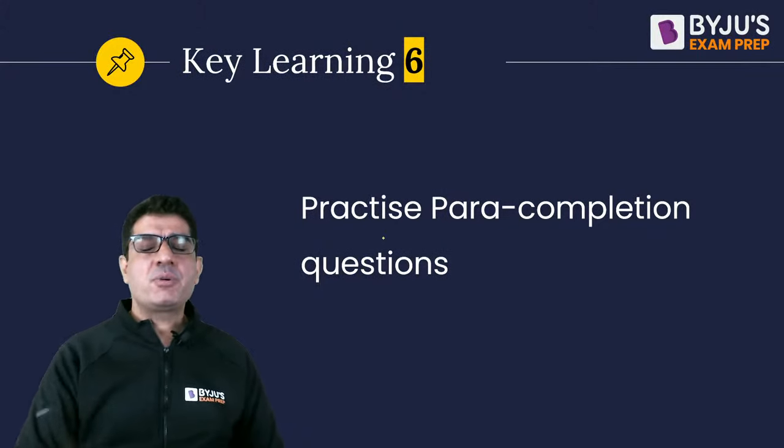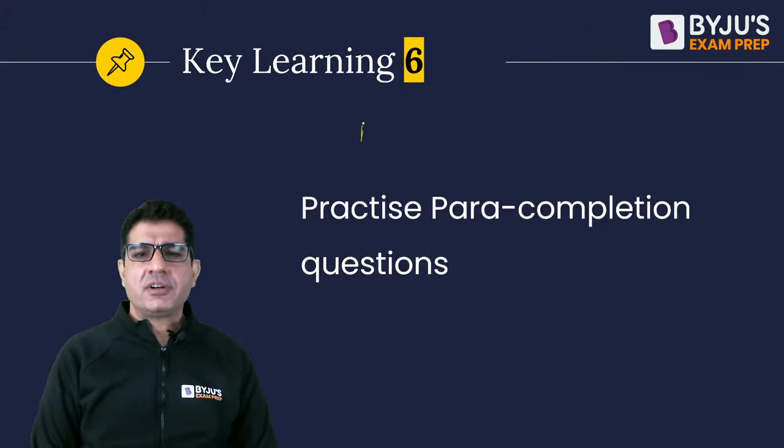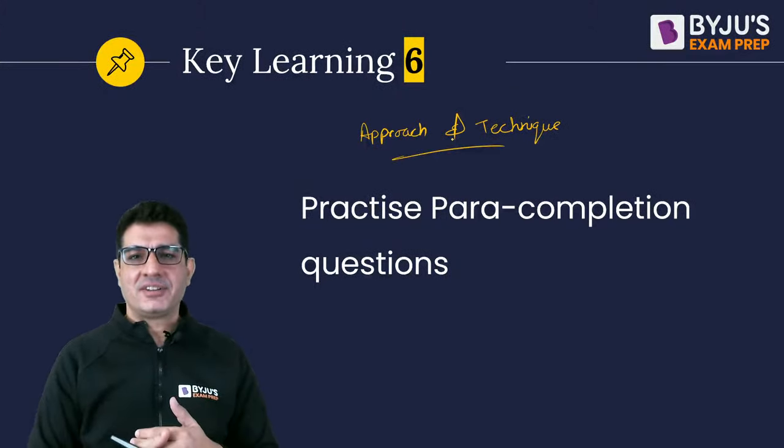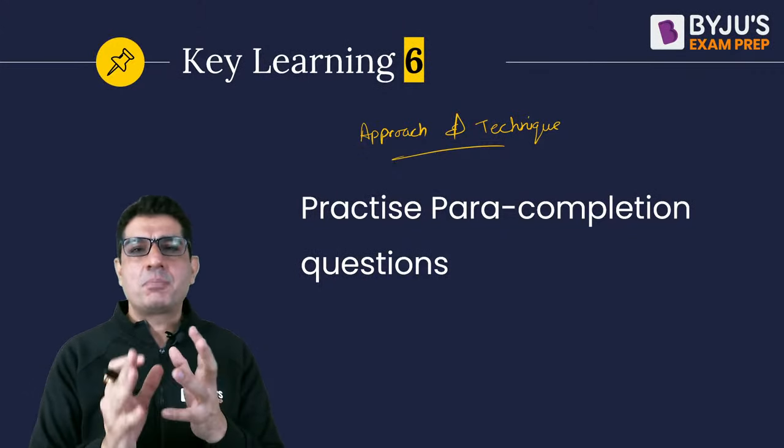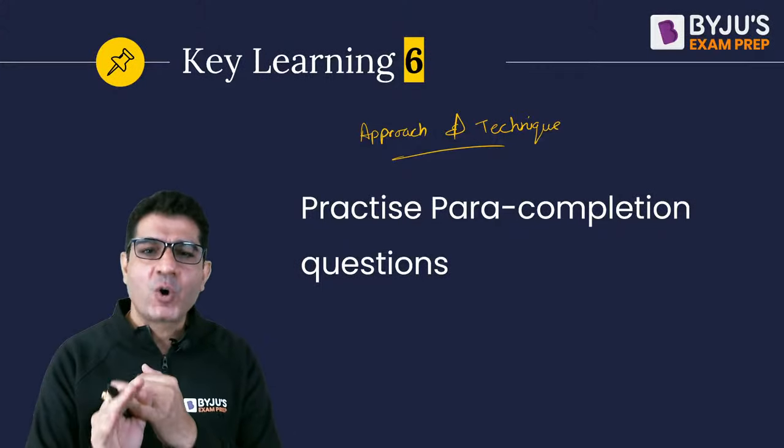But whenever you get a new question type, the approach, the technique, that changes. You need to adapt to it. So practice this particular question variety so that your approach and technique becomes all right.